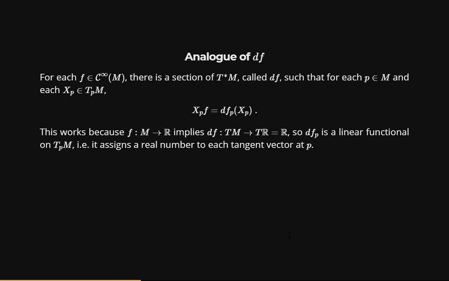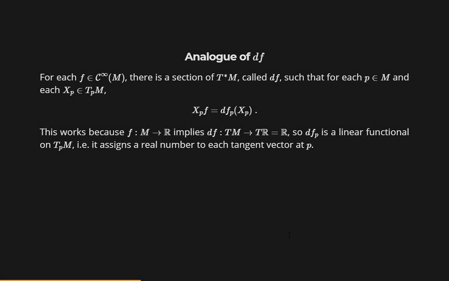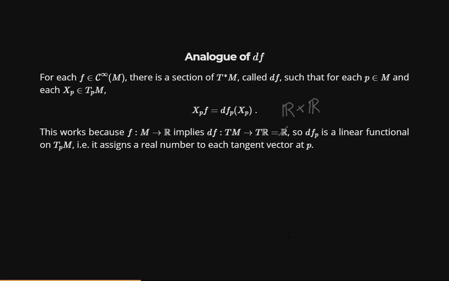This works because if you have a function from M to R, the push forward is defined from the tangent bundle of M to the tangent bundle of R. And the tangent bundle of R is just R times R, but if you fix a point, you go from the tangent space to M to the tangent space to R, which is R. Okay, anyway.